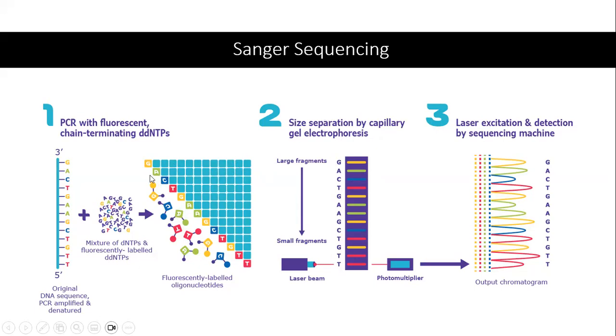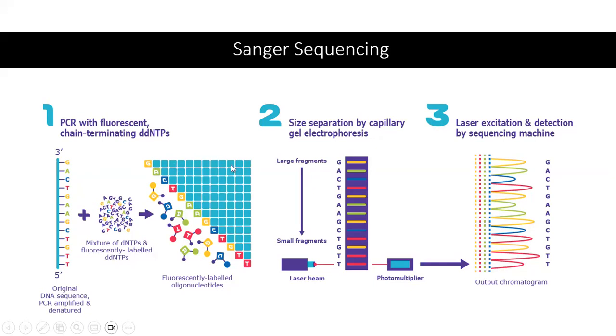Just to reiterate, I'll try to make it as simple as possible. We start with our DNA sample, and we ran it through PCR, so we have multiple copies of that sample. Now when we add in our ddNTPs, they're chain terminating. Once it's added, the chain cannot continue growing.